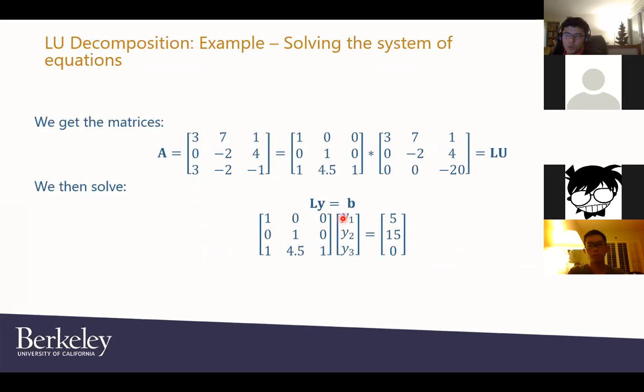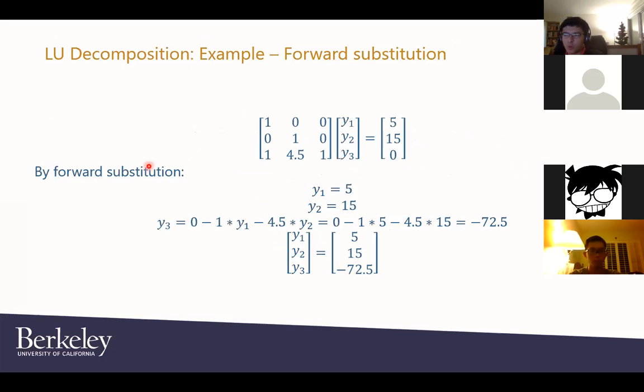So then we solve for our fictitious or temporary variables y, as we said. Instead of Ax equals b, we have LU times x equals b. And instead of LUx, we have Ly equals b. So y is Ux. You can go to the previous slides to look at this more slowly. So we have L times some dummy variables y equals b. We do forward substitution.